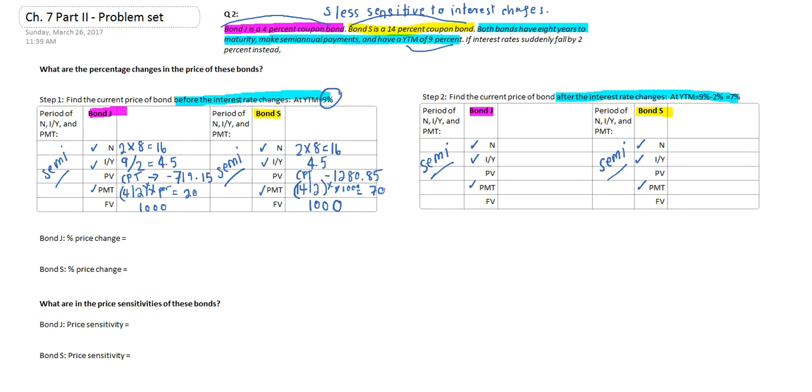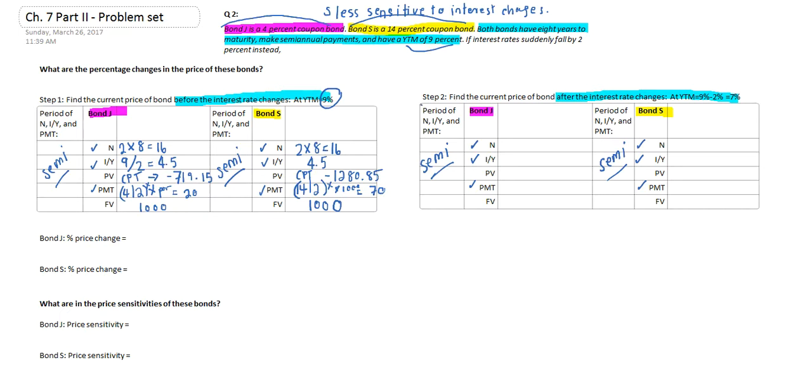That means you have to pay $719.15 in order to buy bond J today, while you have to pay $1,280.85 for bond S today. So this is the first part that we're doing.